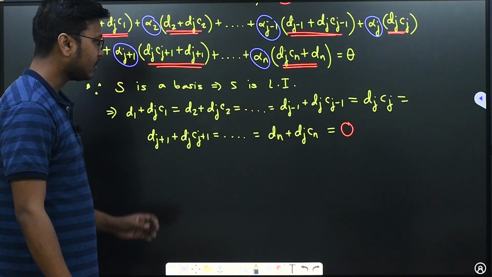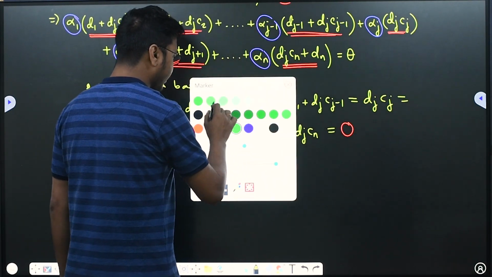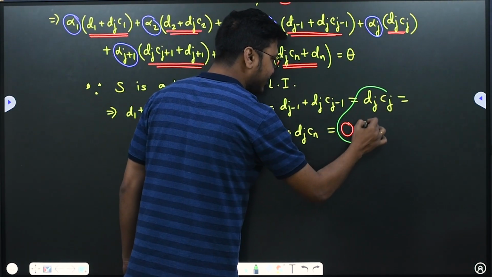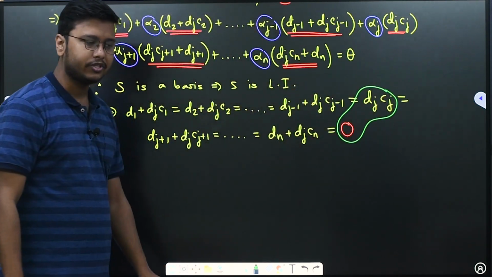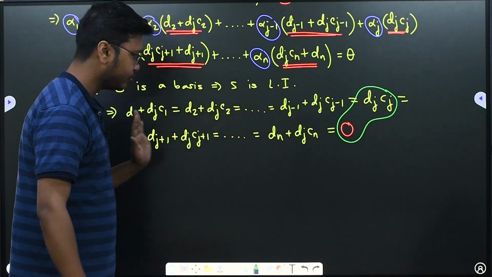So I am now specifically concerned with this particular part, that dj cj equals 0. Okay, all of them are 0. Initially I am concerned with dj cj equals 0.